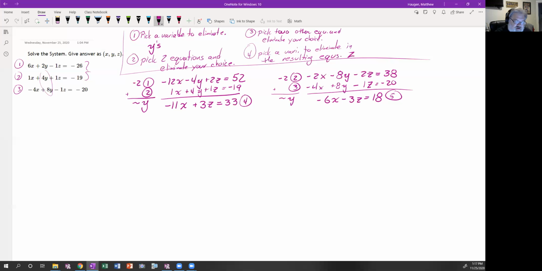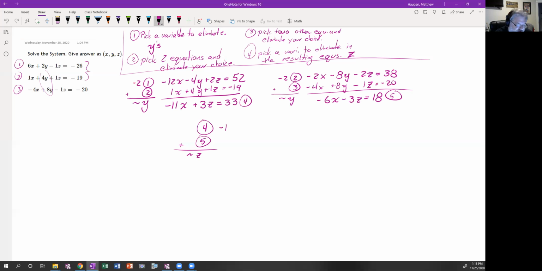So I'm not even going to ask you guys which variable you want to get rid of out of fear of you picking x. So let's just do 4 and 5. So 4 and 5, add those together unmodified. And I'm still going to say getting rid of z just to keep my notation standard. Again, nothing formal about any of this notation. It just helps me stay organized because there's a lot going on in these problems.